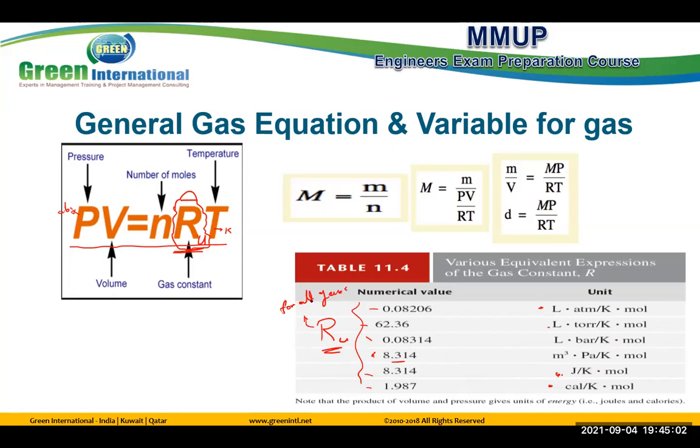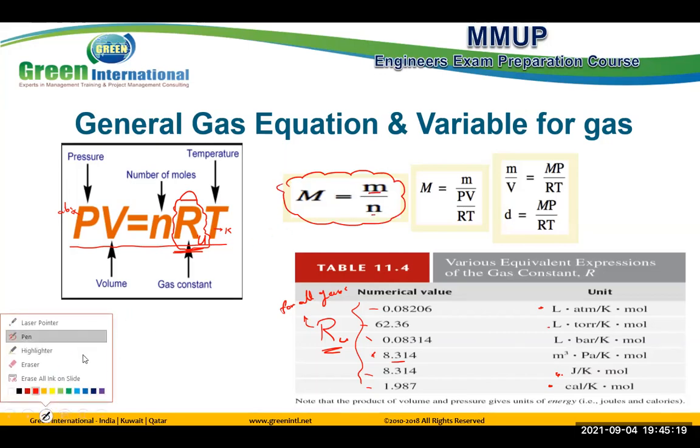This is one of the main differences between this equation and the other equation PV equal mRT. What is the other equation PV equal mRT? This is coming from a relation between the mass and the number of moles. This is the molar weight or molecular weight, M, which is a value from the periodic table for any molecule.